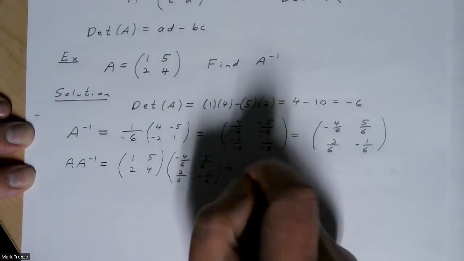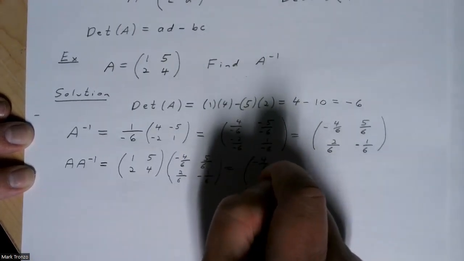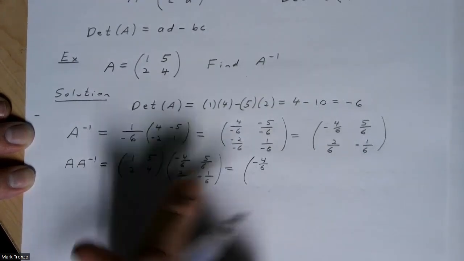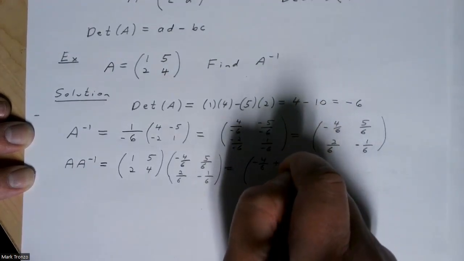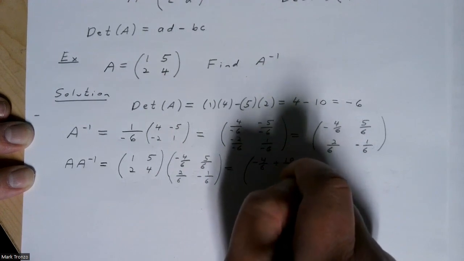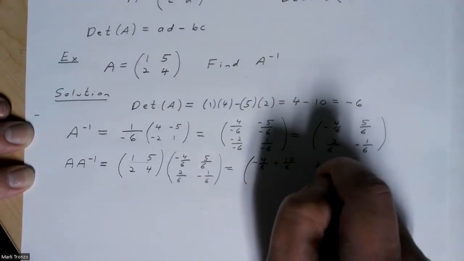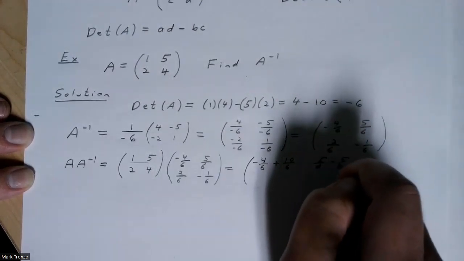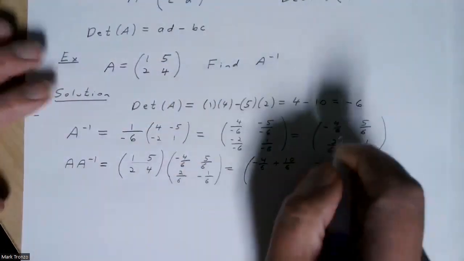And if we multiply this here, so we're taking the first row times the first column. Then the first row times the second column. I don't know if it's clear that that's a 5 right there.